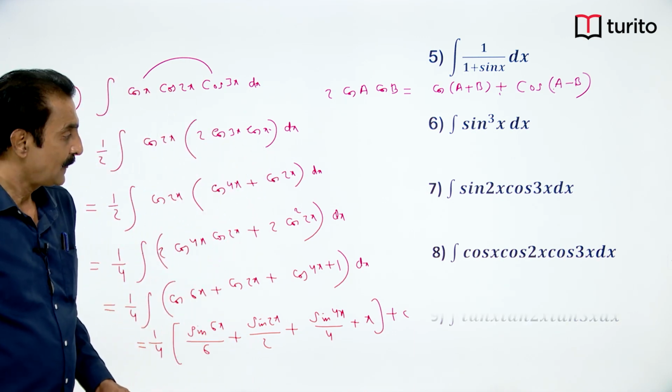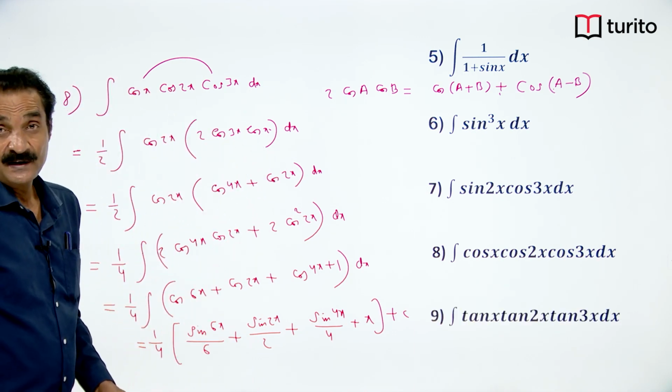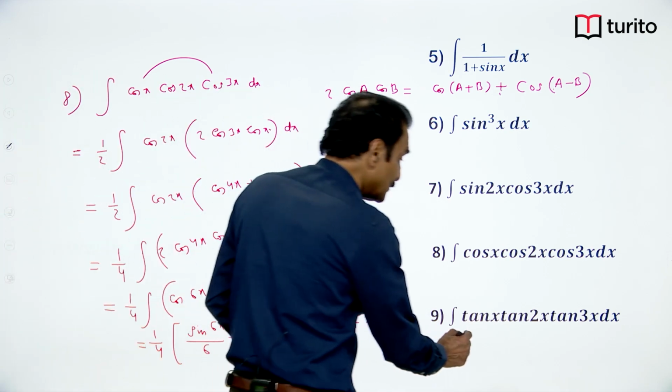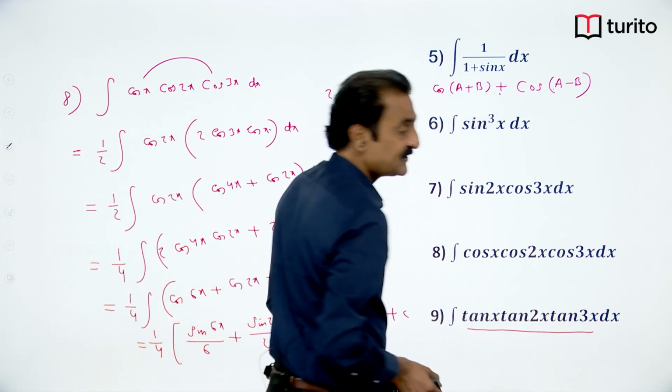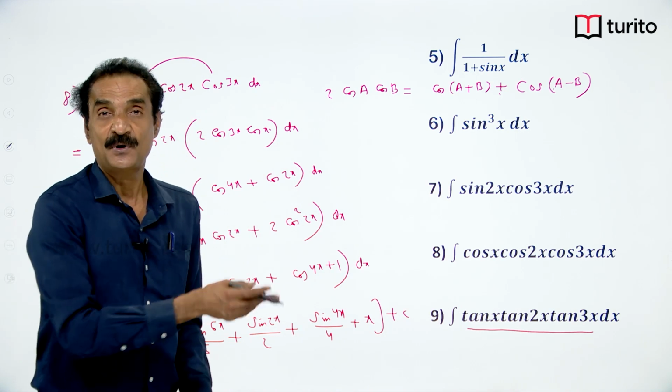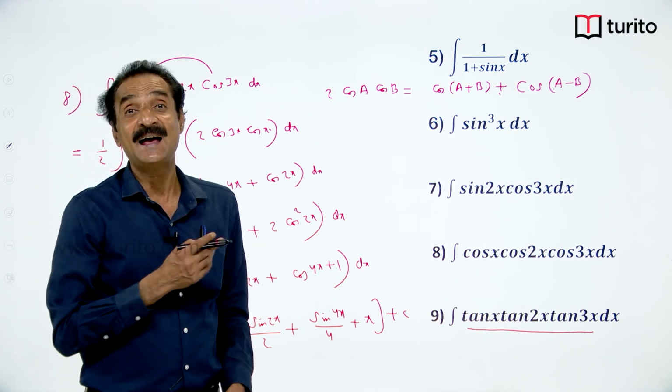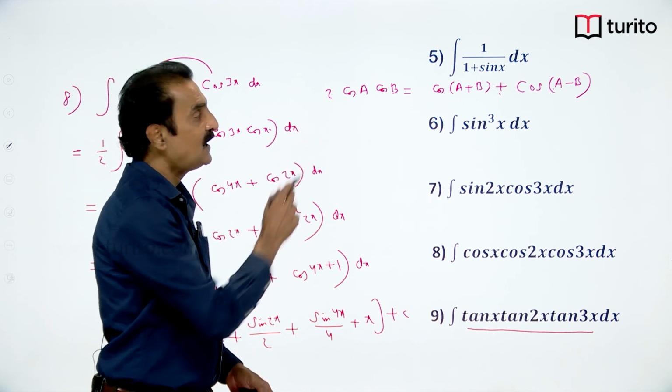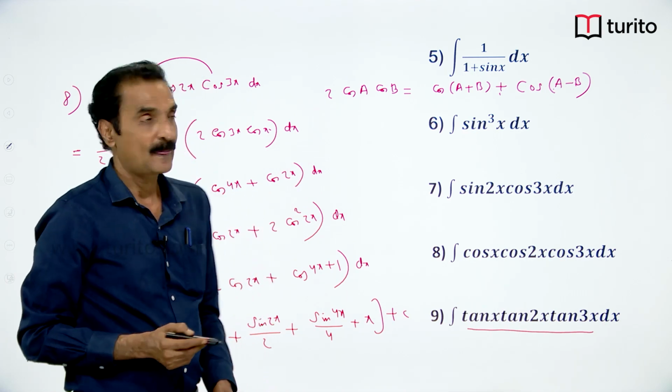Next question, integral tan x into tan 2x into tan 3x dx. It is a product of 3 functions, but it is in tan. There is no such formula in tan. So, what to do?